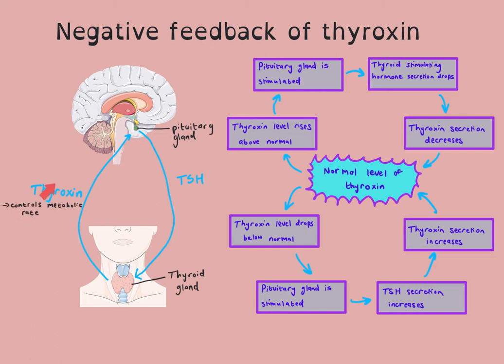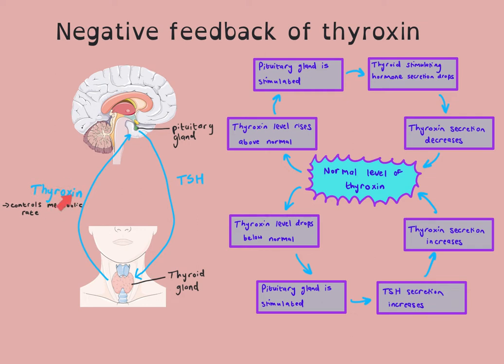If you have a lot of thyroxin, you will have a high metabolic rate. They're directly proportional. But the pituitary gland is sensitive to levels of thyroxin in your blood. So if you get too much thyroxin, your pituitary gland will decrease its secretion of TSH to stimulate the thyroid gland less so that it secretes less thyroxin.